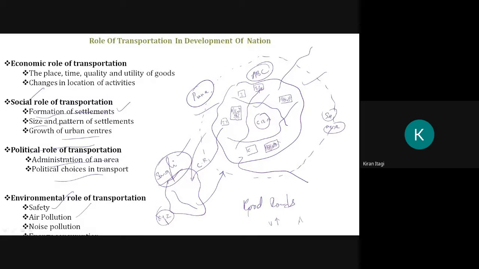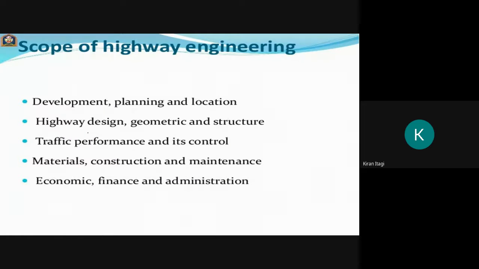If vehicles increase, air pollution increases. If air pollution increases, the greenhouse effect increases, and with increasing vehicles, noise pollution also increases. So we have the environmental effect also. This was the role of transportation in the development of nations.